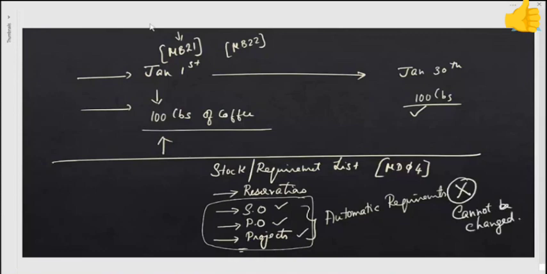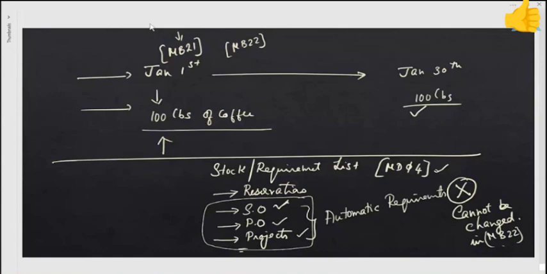When I mean these cannot be changed in MB22, meaning a customer has asked for 100 pounds of coffee in a sales order. It has created a requirement in MD04. Now you cannot go to MD04, select that line item, pick up that requirement, go to MB22 and change the requirement. That's not possible.